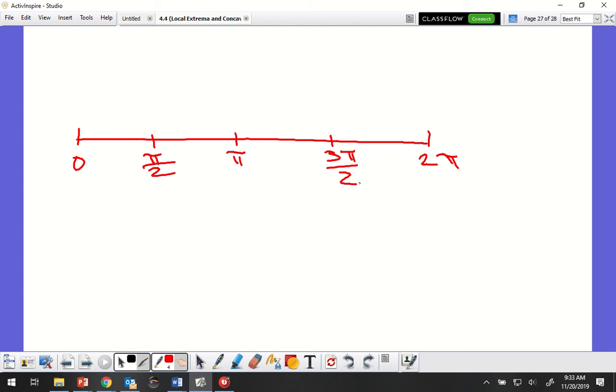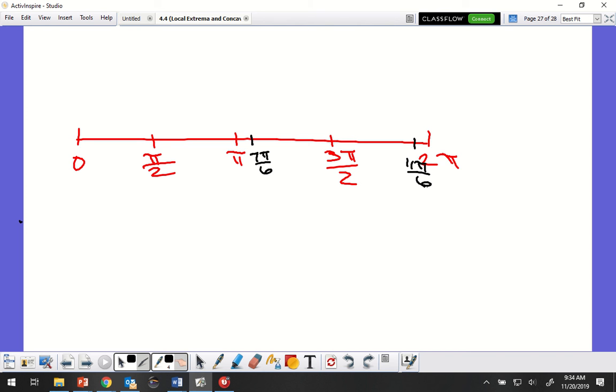So we said that there are critical numbers at where? From the first derivative, 7 pi over 6. So 7 pi over 6 is going to be right here, right? Okay, 7 pi over 6. And the other one, 11 pi over 6.